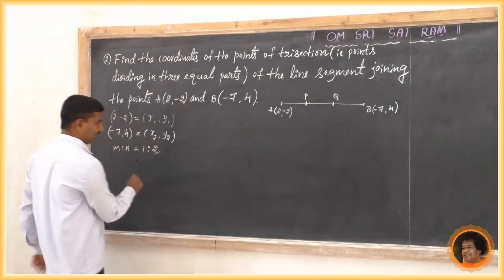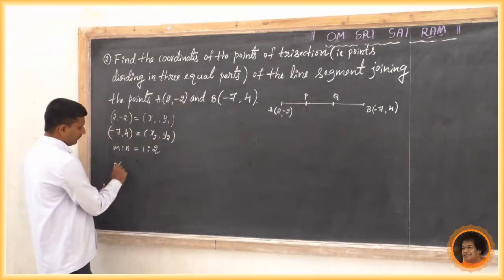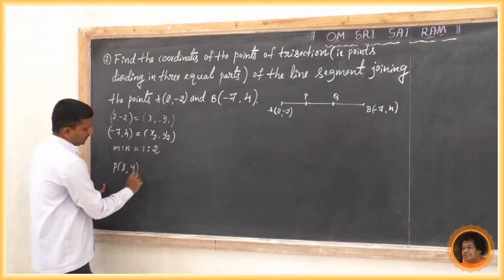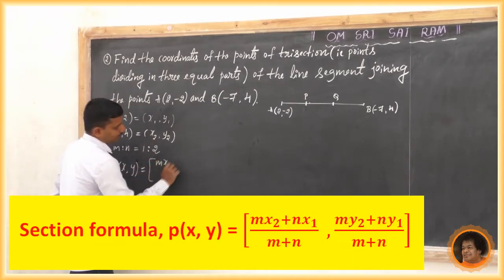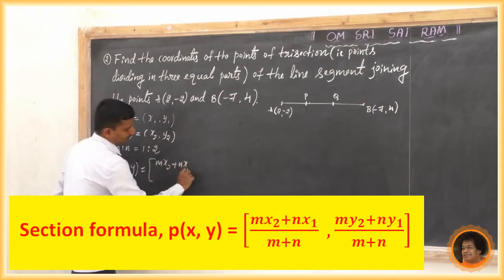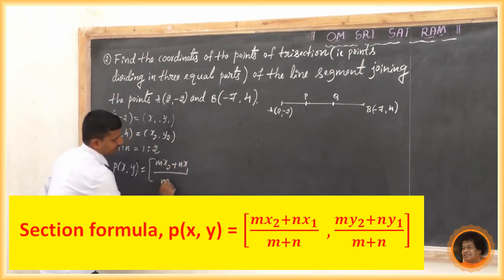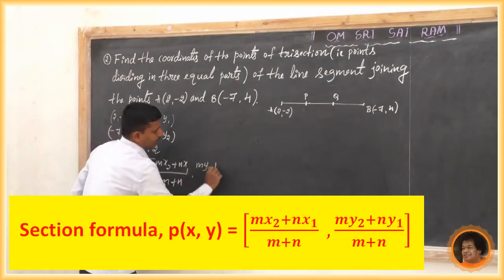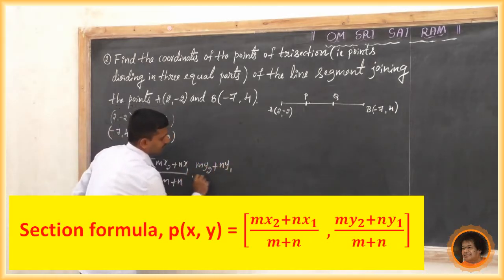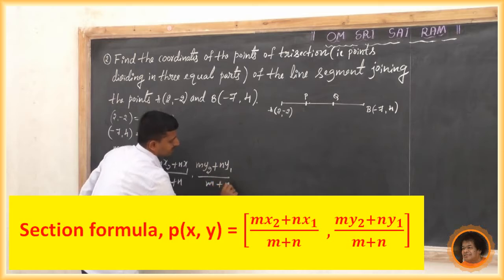So the coordinates of the point P(x, y), by using the section formula, are (mx2 + nx1)/(m + n), (my2 + ny1)/(m + n).